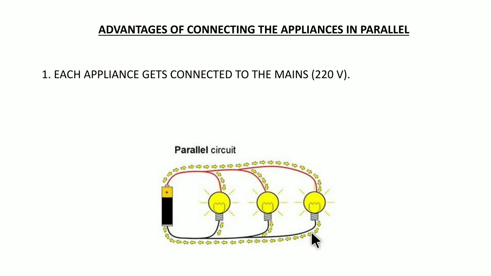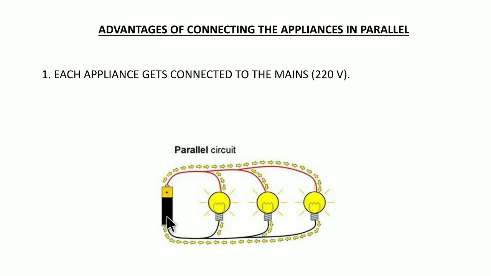I'm just showing you the example. Try to understand that a battery is there which replaces the mains, that is 220 volt, then in a similar way, like the mains of AC 220 volt, the bulbs are connected in parallel. See, the potential difference in the two terminals is the same.